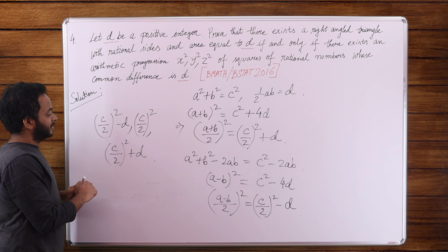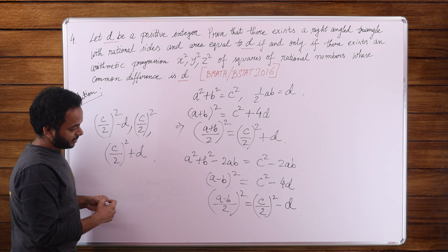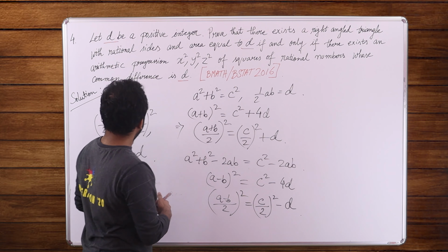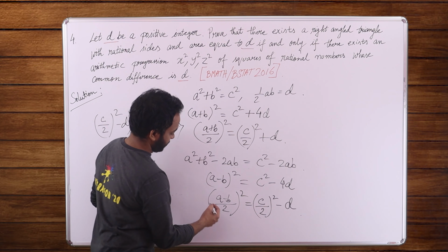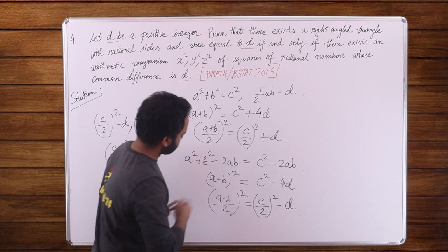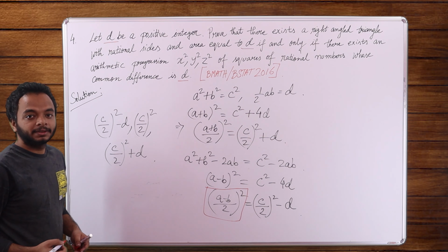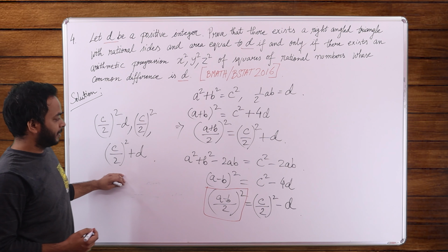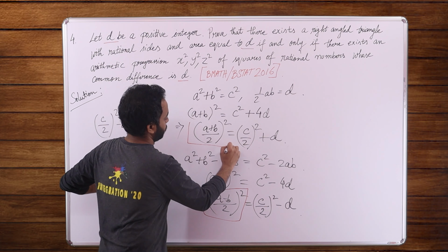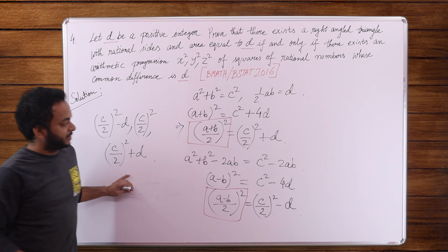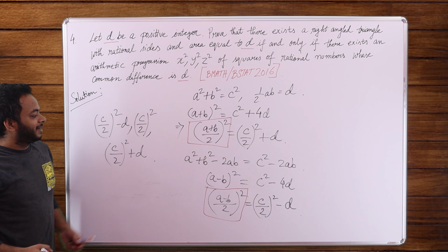Why? Because c by 2 whole square minus d, as you can see, is this quantity here, right? And this c by 2 whole square plus d is this quantity, right?